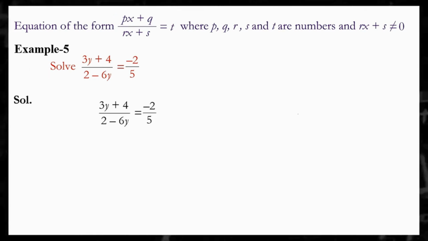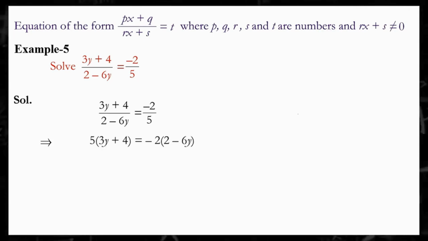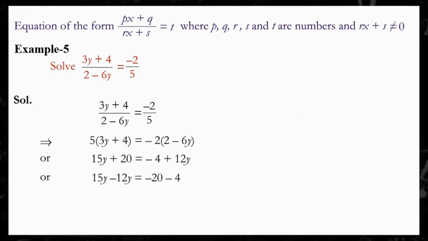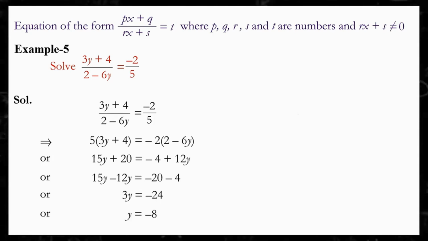Solution: implies 5(3y plus 4) is equal to minus 2(2 minus 6y), or 15y plus 20 is equal to minus 4 plus 12y, or 15y minus 12y is equal to minus 20 minus 4, or 3y is equal to minus 24, or y is equal to minus 8.